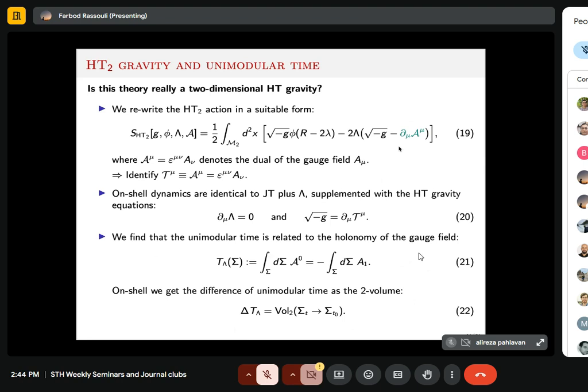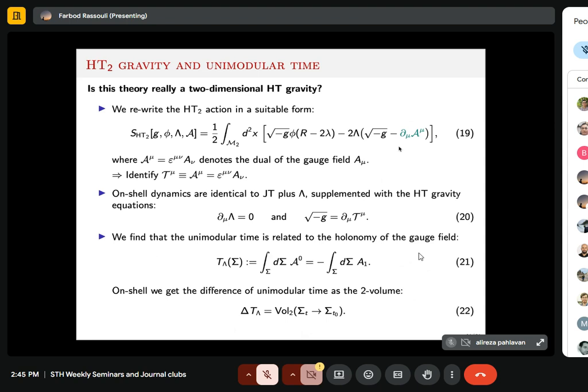Yeah, well, there we did not look at these aspects. The motivation was more holographic, and we did not really look into the time evolution or observables, Wheeler-DeWitt equation.